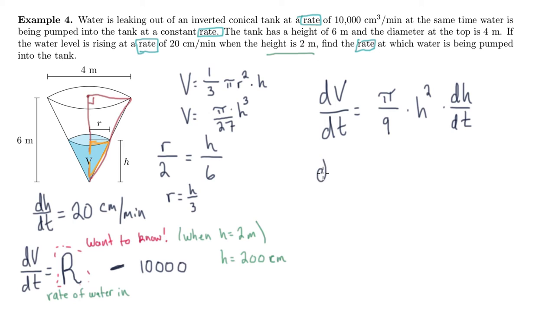So we have dV/dt is equal to pi over 9 times 200 squared times dh/dt, which is 20.